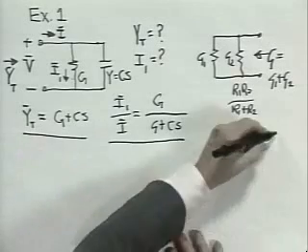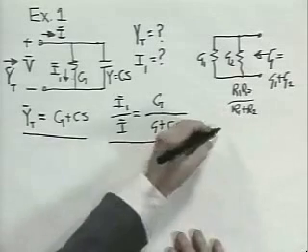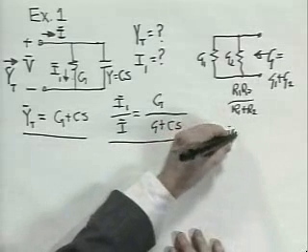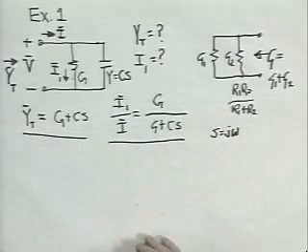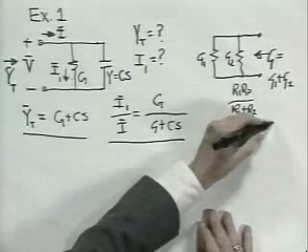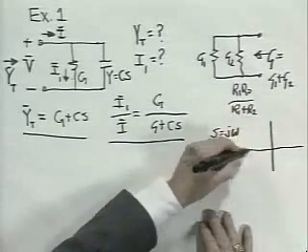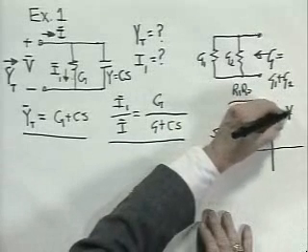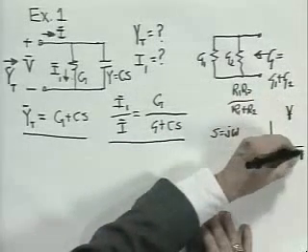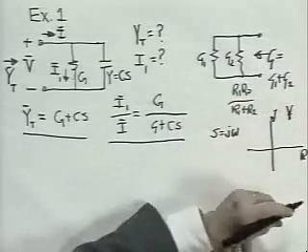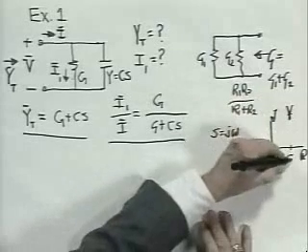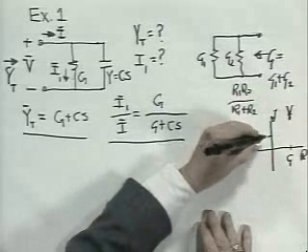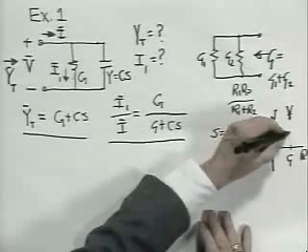That complex number, I'm now going to go back to letting S equal j omega. This is the sketch on the complex plane of Y, real and imaginary, has a real part of G, an imaginary part of j omega C, and it is this vector.